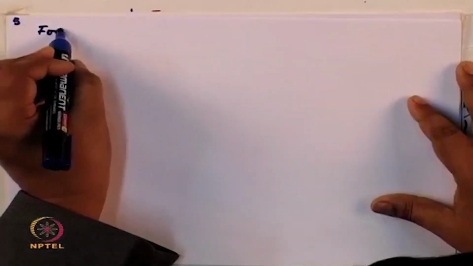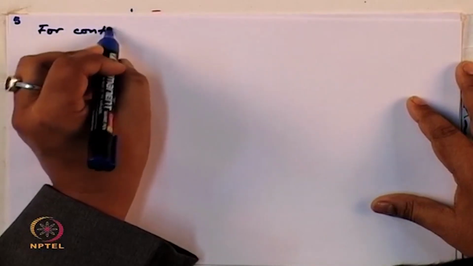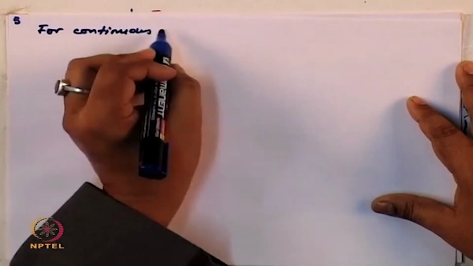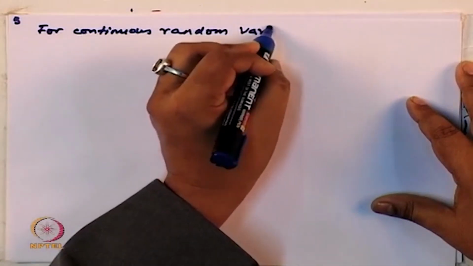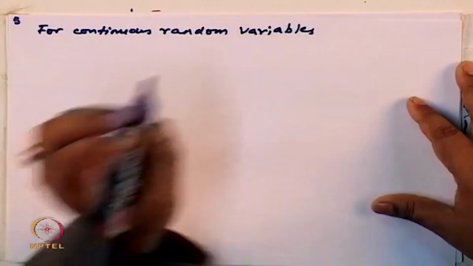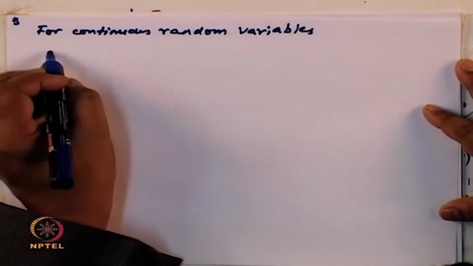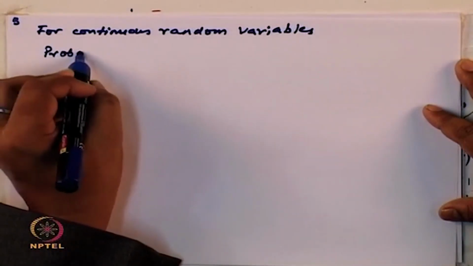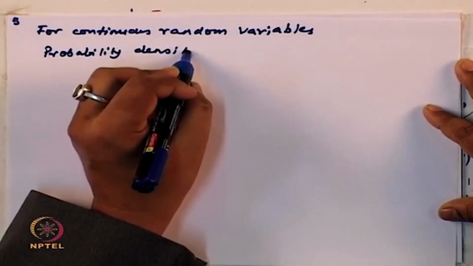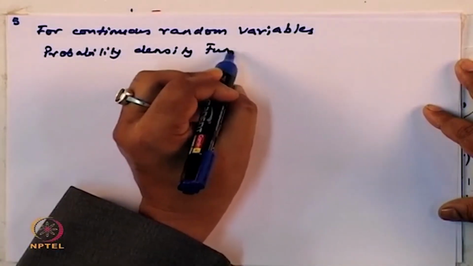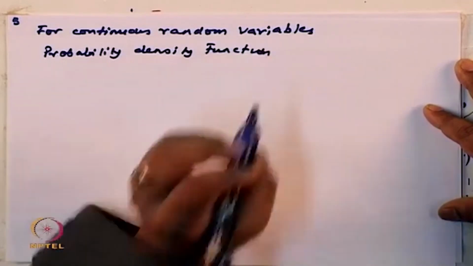So, for continuous random variables, I can write what is called a probability density function. Okay.